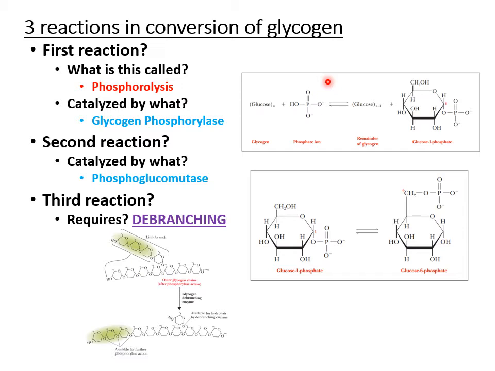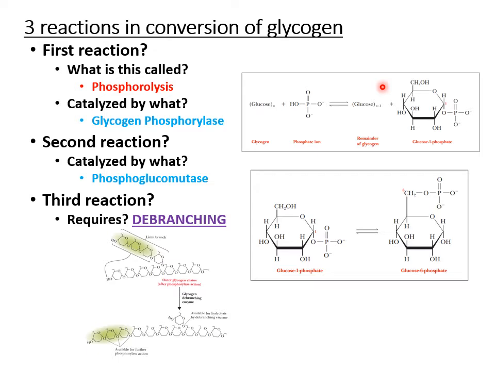When they react, that gives you glucose 1-phosphate. This is called a phosphorolysis reaction, and it's catalyzed by this enzyme here, glycogen phosphorylase. When you do this, you end up with glucose 1-phosphate.